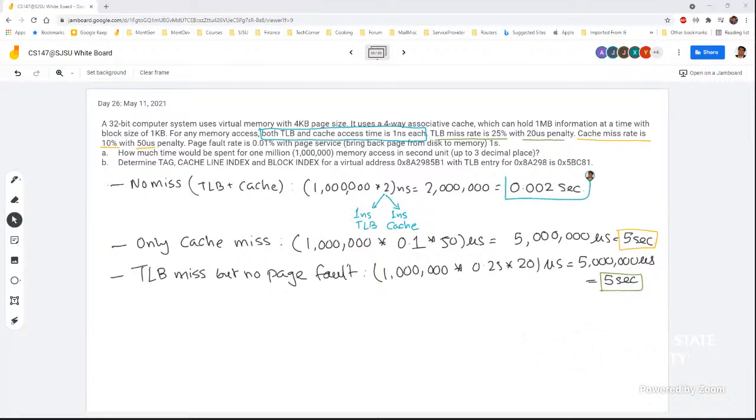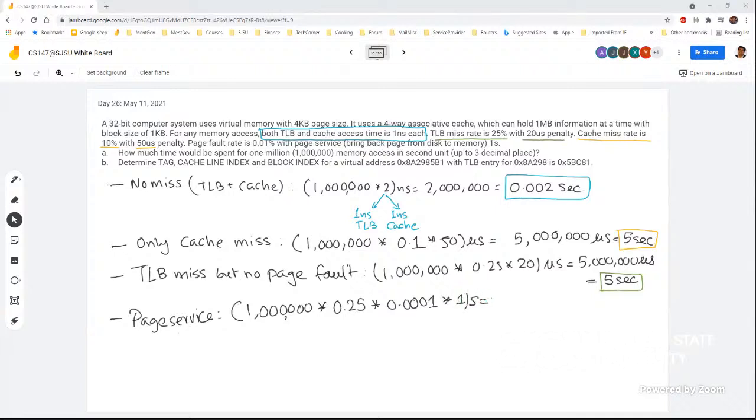And now let's talk about if there are page faults, like my page service time. We calculate 1 million multiplied by 0.25 multiplied by 0.0001 multiplied by 1 second.